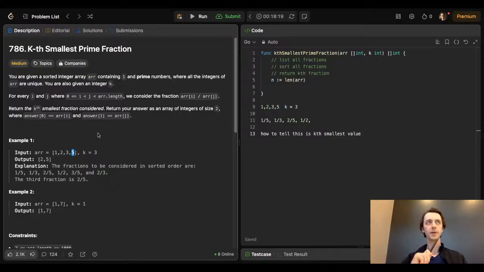Yeah, the sorted order allows us to, if it's too big, move the right one. Oh, the left one. If this is too big and we want to make it smaller, there's no way to make it smaller. That's the smallest you can get, this left and right. So that's good to know, by the way.